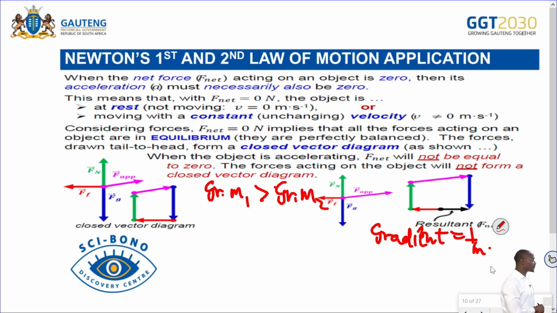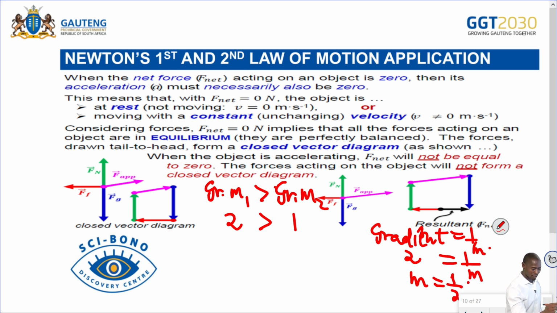So let's say, for example, the gradient here is 2, then the gradient of m2 is 1. So if I want to get the mass now, the gradient of m1 is 2, which equals 1 over m. So my m here will be 1 over 2 kilograms. Okay? The mass. That is for m1.